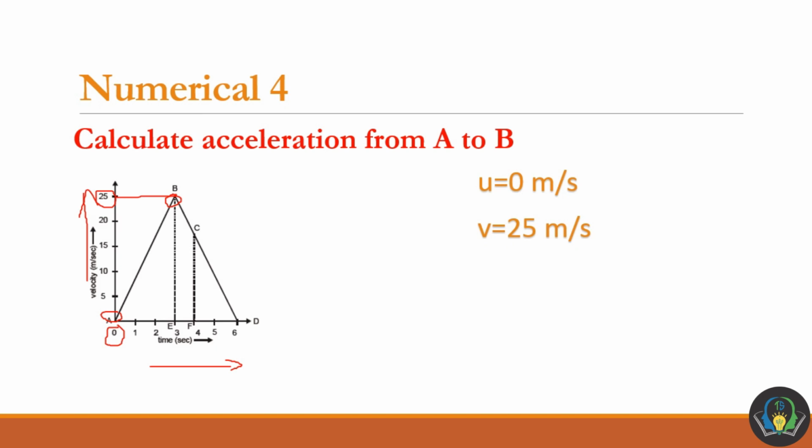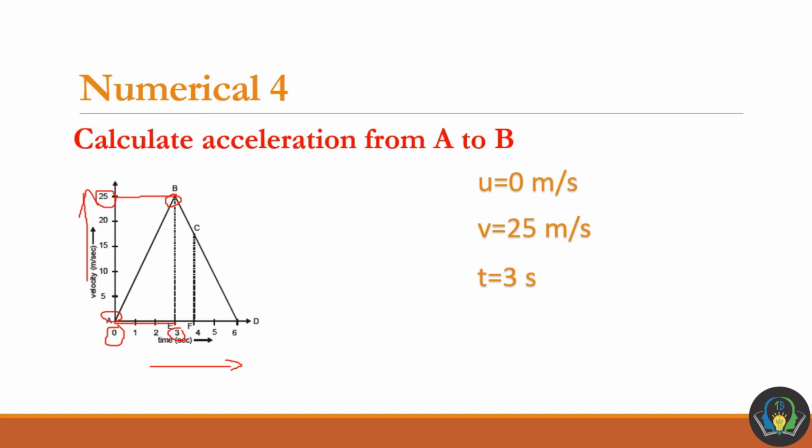So that is the second value. Now finding the time, because we require in the formula how much time it took from A to B. Have a look at it. From A to B, beginning from this place to this place, it is 3 seconds. So I hope the grasping of data is easier in the graph method.